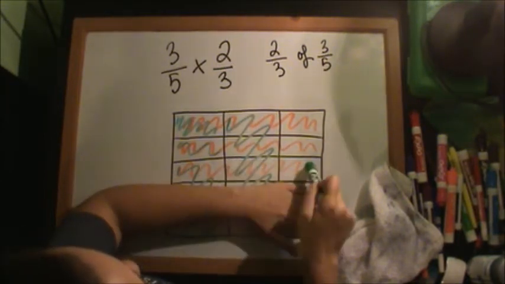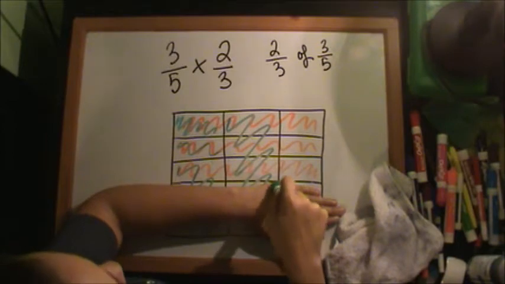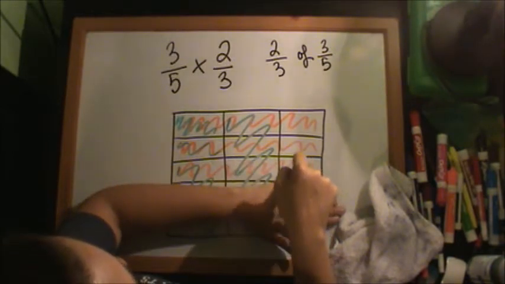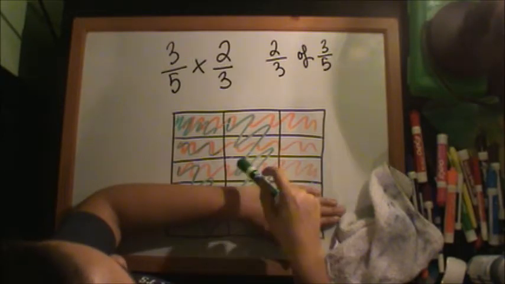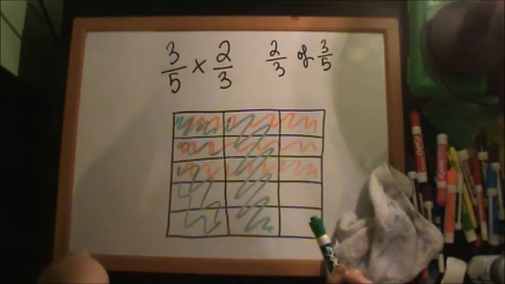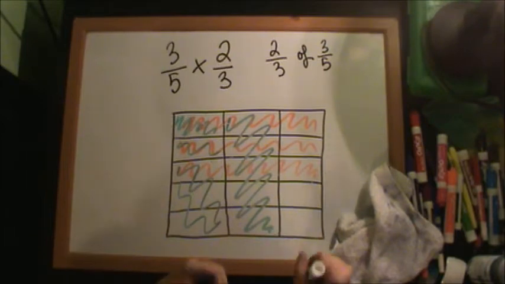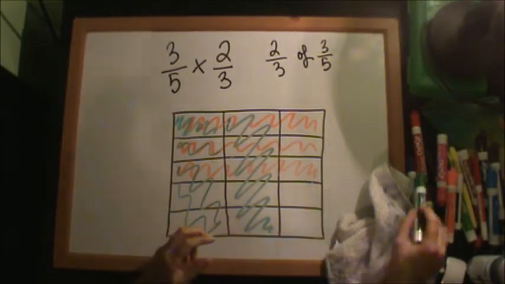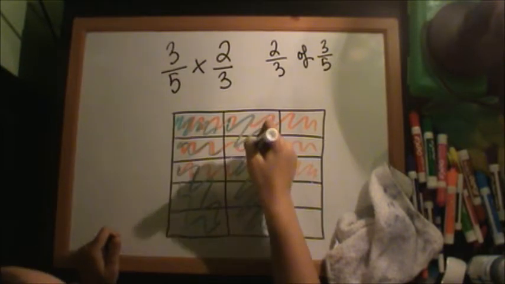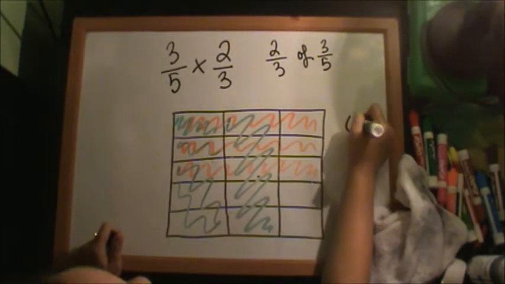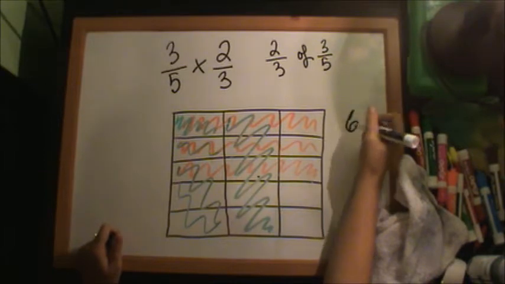So we had 3/5 and we divided it into 2/3. So how many are overlapping? What is 2/3 of 3/5? So I'm going to go ahead and count them. I have 1, 2, 3, 4, 5, 6. 6 overlap. So that is my part.